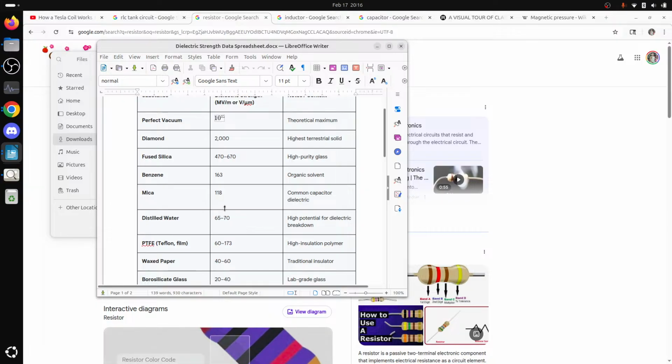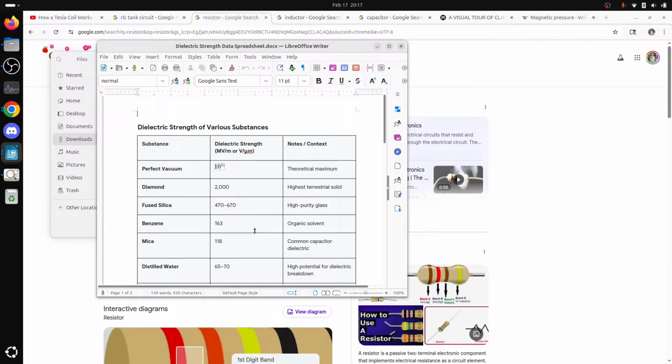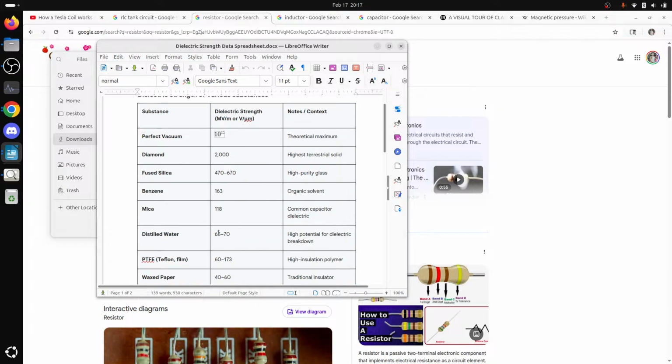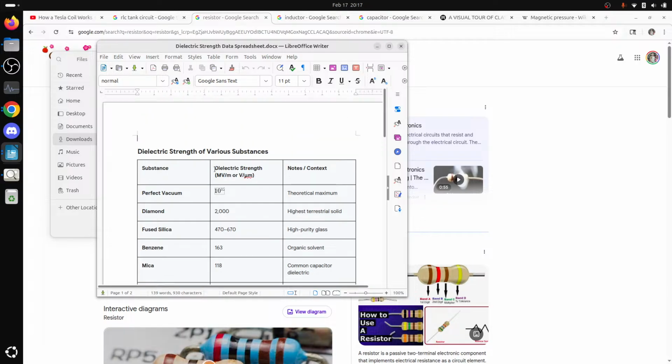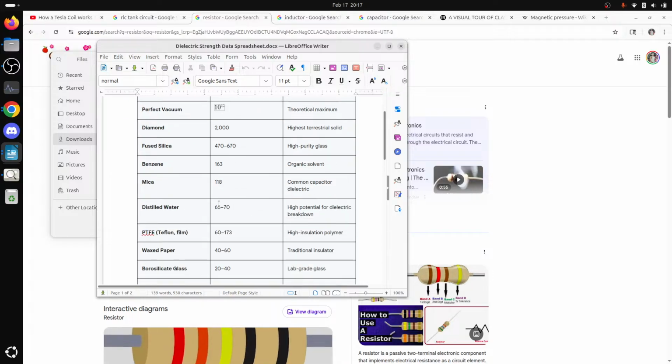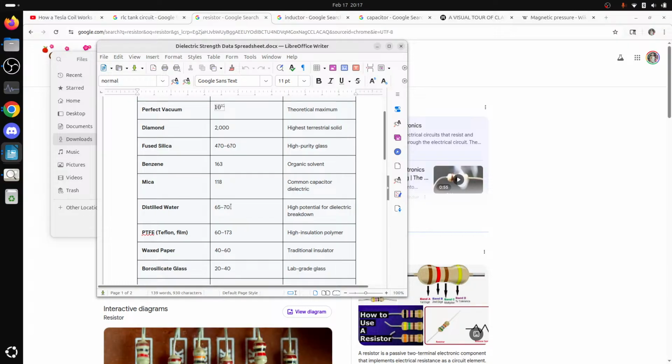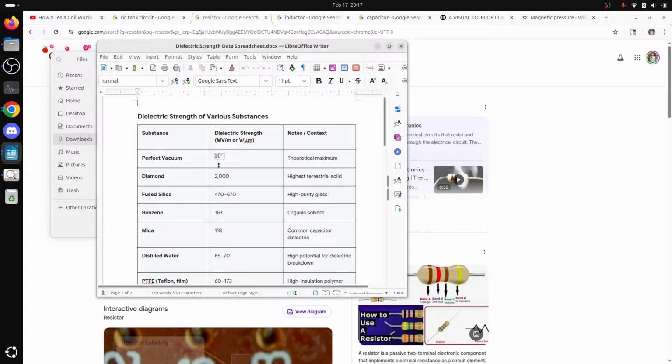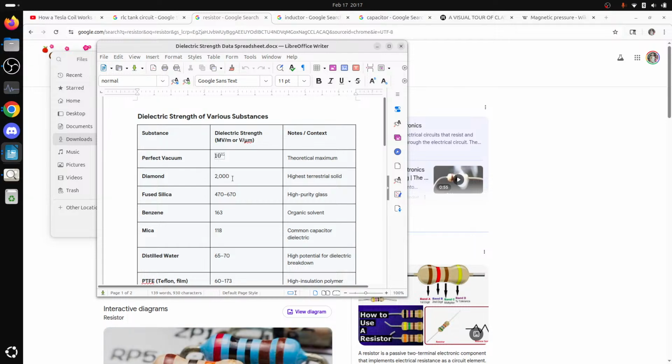Like salt water is a conductor, yeah, electricity will go through salt water. The dielectric breakdown is going to be much less than distilled water. Distilled water acts as a really strong dielectric, like it resists the flow of electricity through it. But everything has a dielectric breakdown at some point. If you apply enough voltage, everything has an electrical dielectric breakdown.